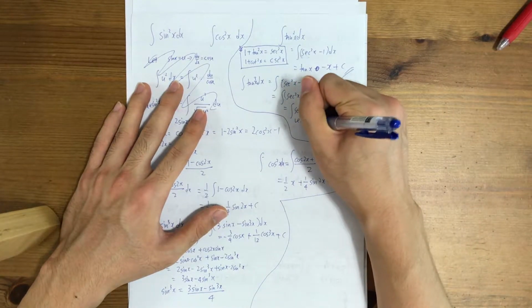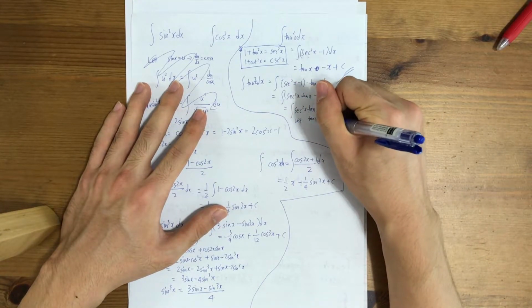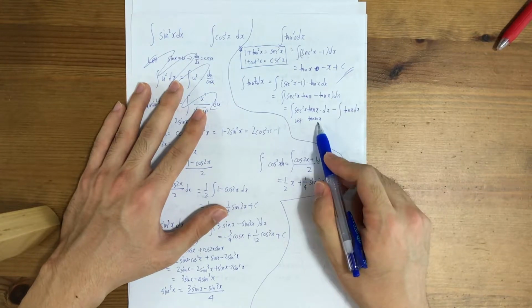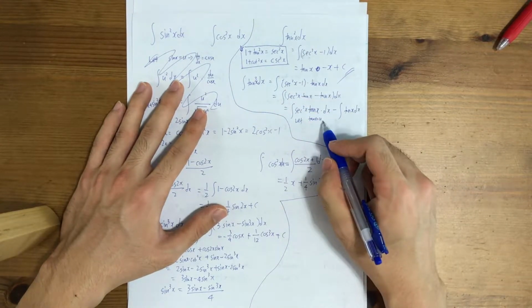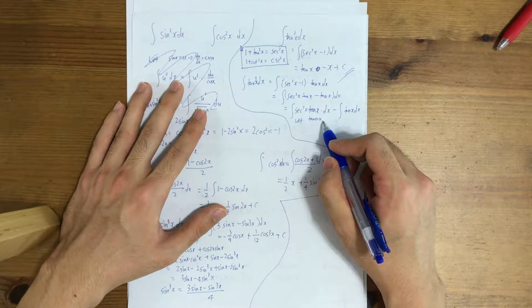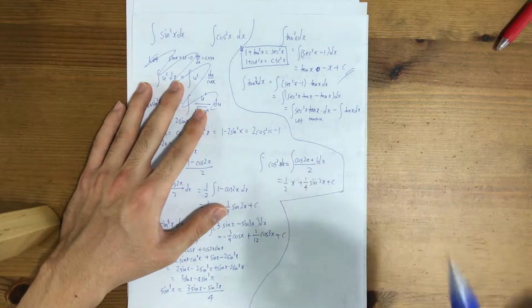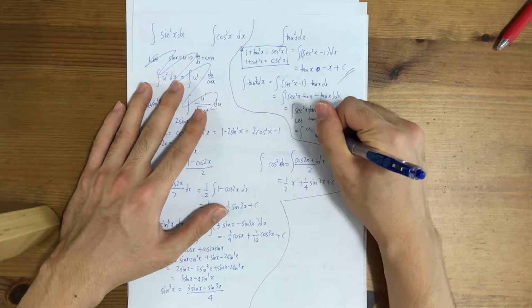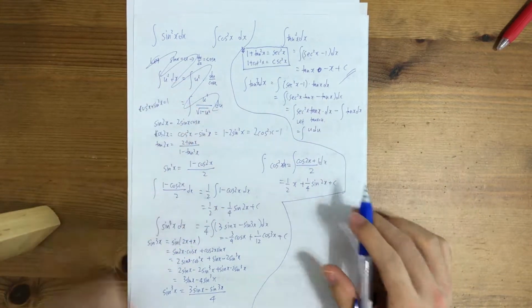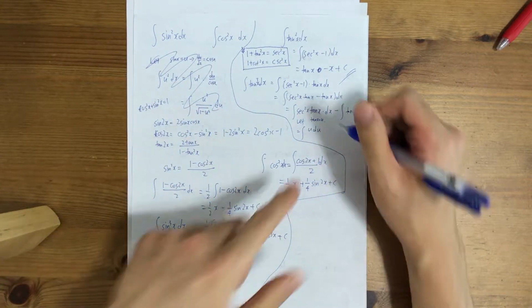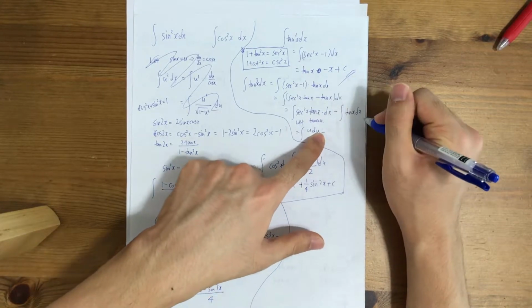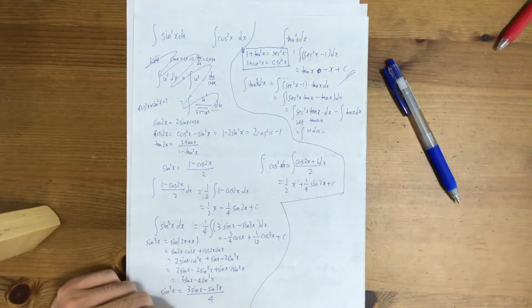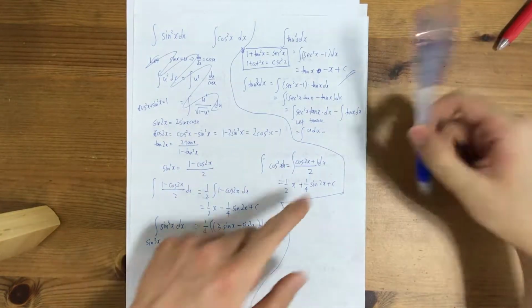So I'll just use tangent as u. So du over dx equals secant squared, so dx equals du over secant squared. That secant will cancel out, and then it will just yield this. And what's the integral of tangent x?